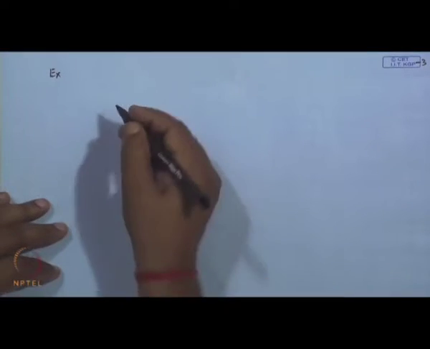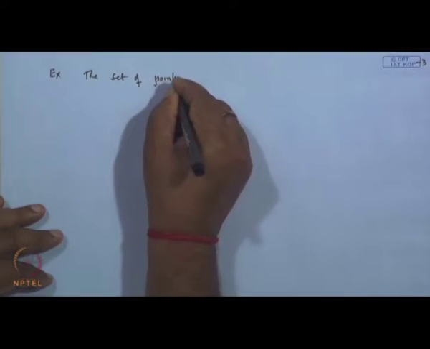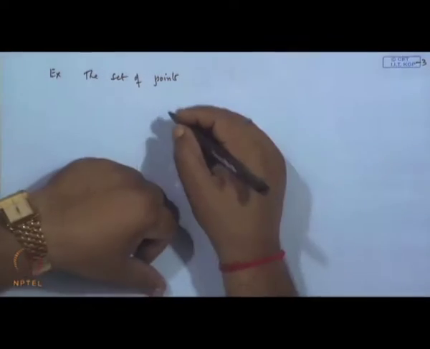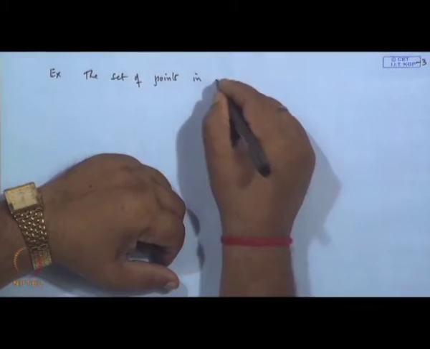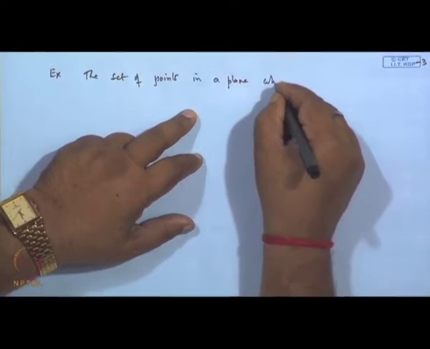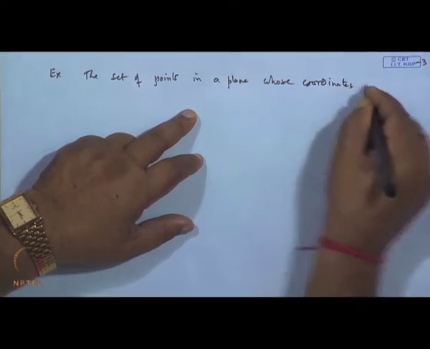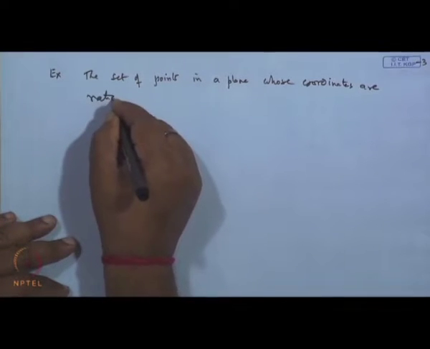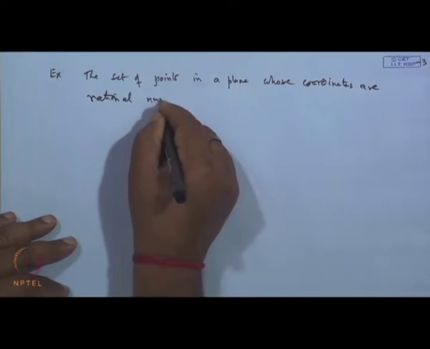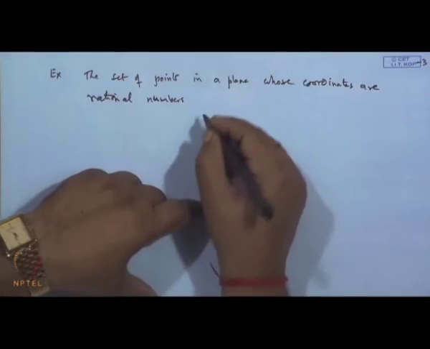The set of points in a plane whose coordinates are rational numbers is countable.